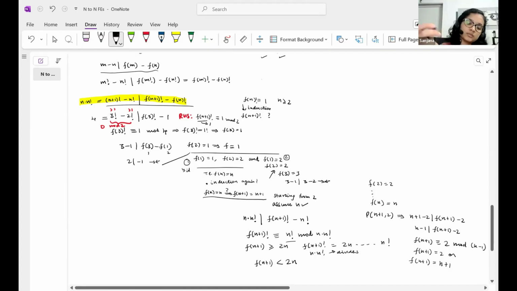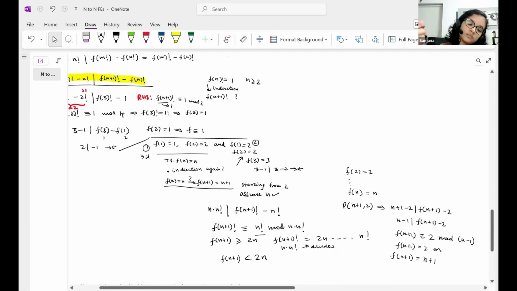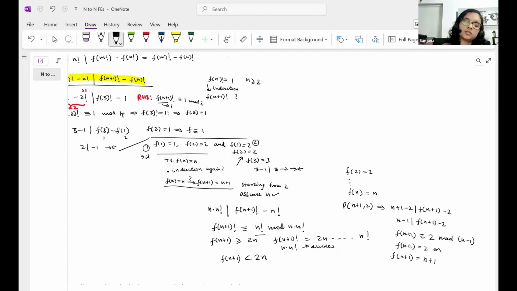Yeah, so this would essentially depend on f of 3 as well. So if f of 3 is also equal to 2, then you get one more congruence.